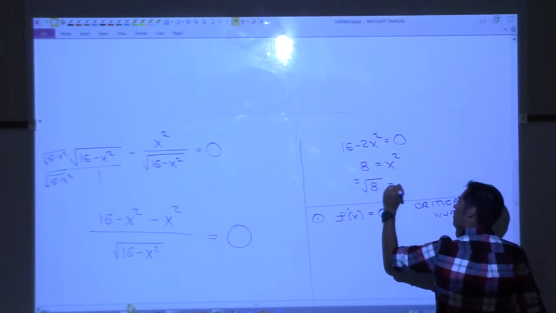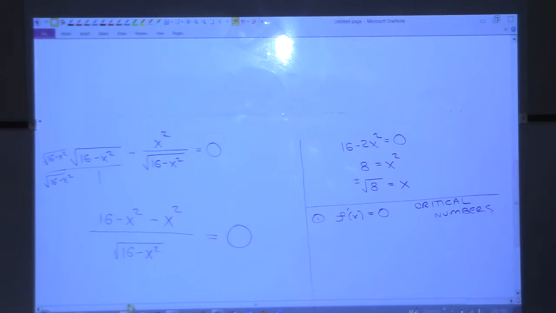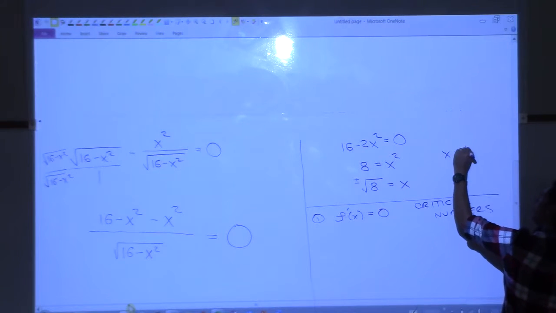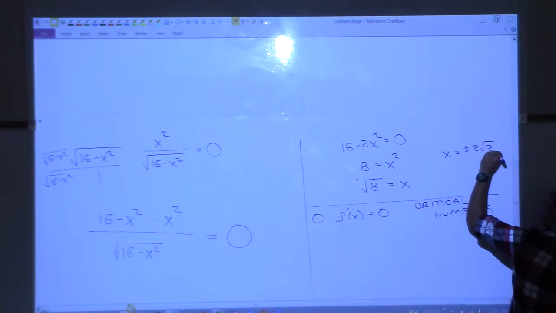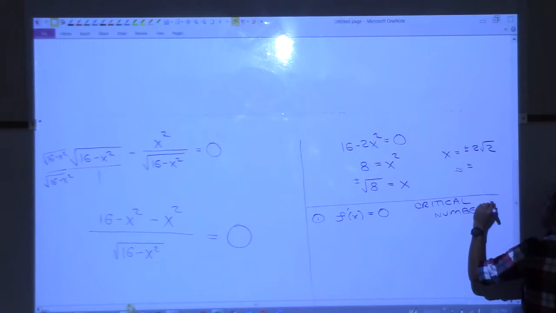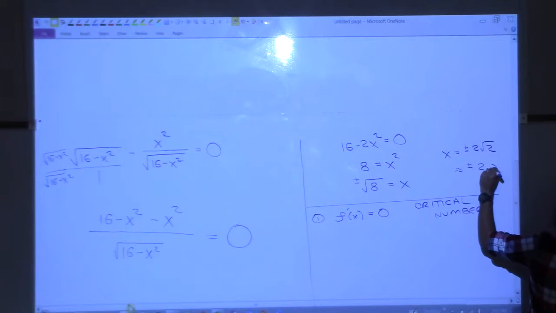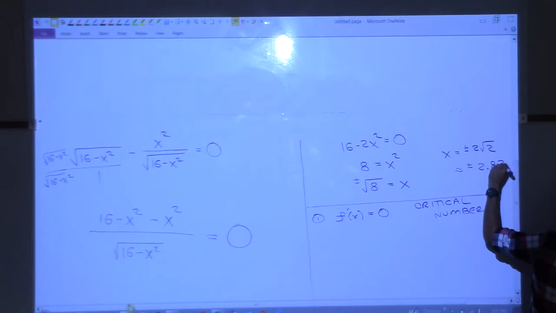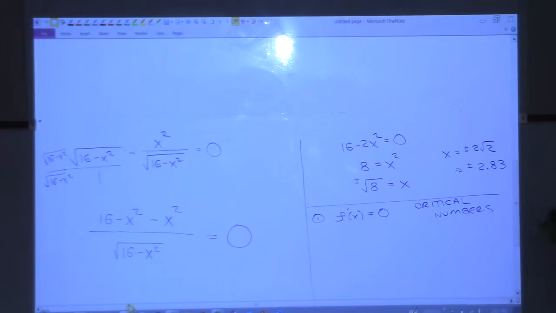You must do plus or minus. 2 root 2 if you want. How about as a decimal? 2.828, 2.83. It doesn't matter, get it pretty close. So we're approximately plus or minus 2.83.